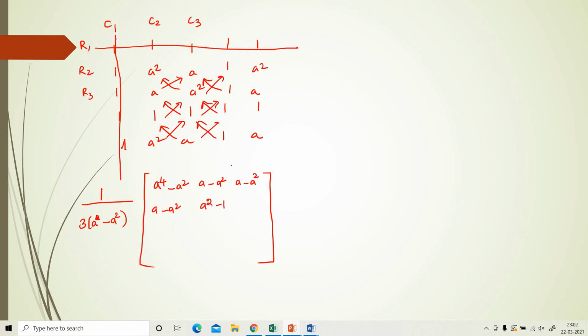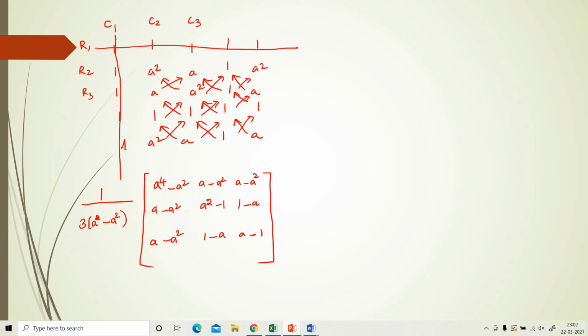Then 1 minus A. Okay, next A minus A square. Third row and 1 minus A. Then A minus 1. See here, in this way, have to complete everything.